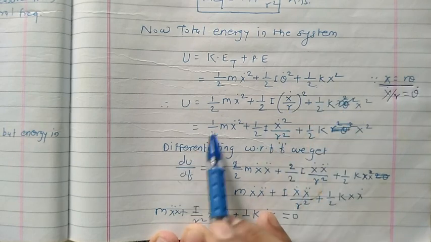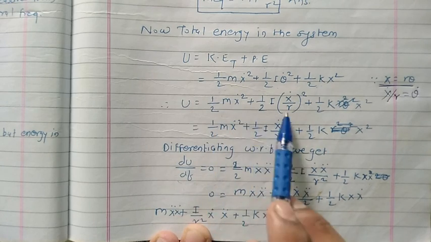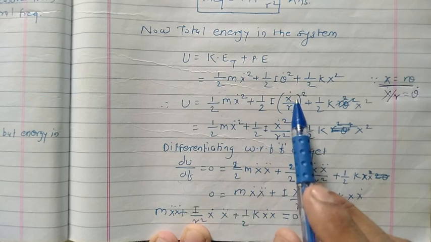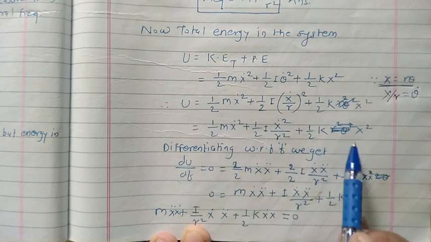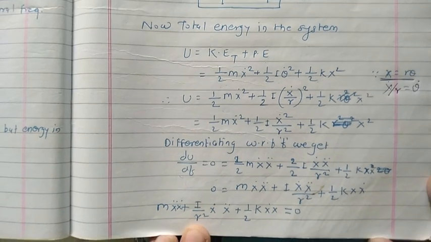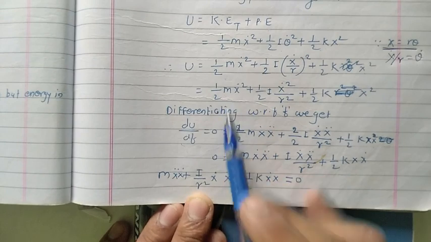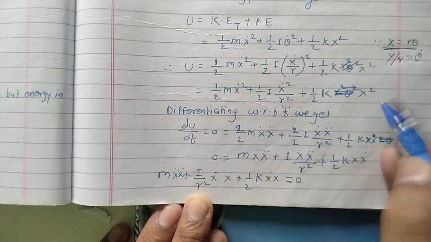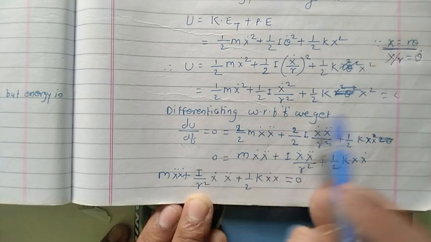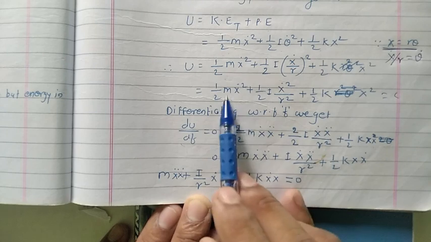So 1/2 m this term. Just rearrange by squaring the numerator term and the denominator term. Other terms will remain as it is. Now as per the energy method, just differentiate this expression. So dU by dt equals 0, because if you take the derivative of a constant, that should be 0. What about the derivative of this term?